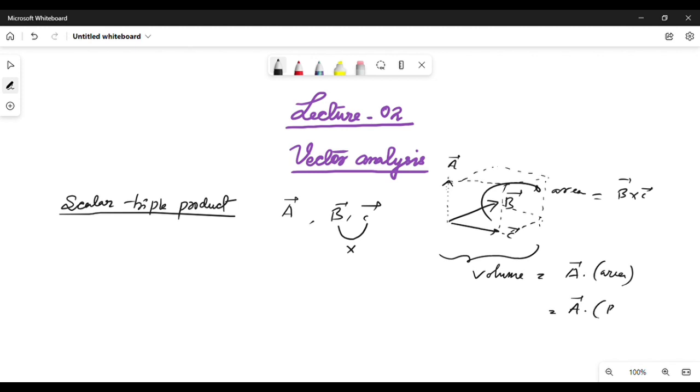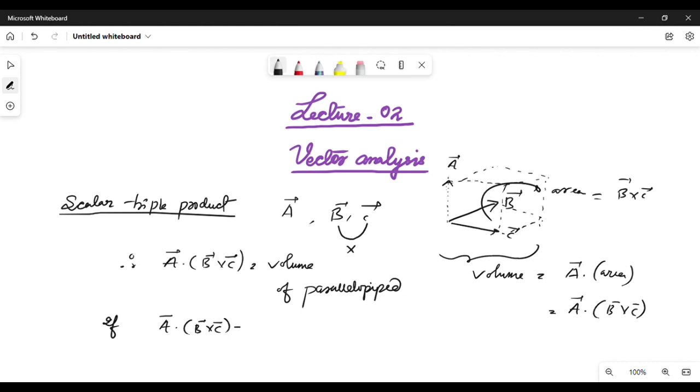It is the height, that is A, multiplied by the area, that you already know, area into height is equal to volume. Volume of a parallelepiped is A dot B cross C. This diagram is generally known as a parallelepiped. This is about the scalar triple product.